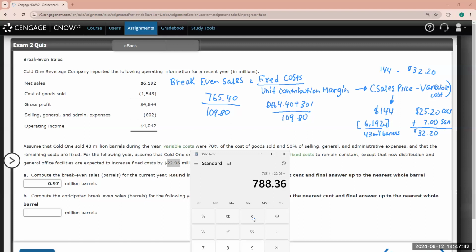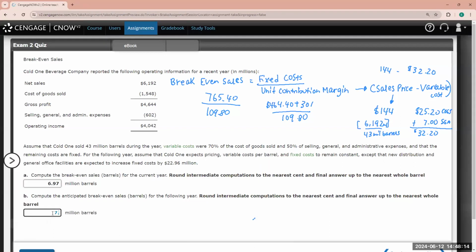That gives us a total fixed cost of $788.36. And we divide it by our contribution margin, which we've already calculated, of 109.80. And that lets us know that in the event that we have these additional expenses, instead of only having to sell 6.97 million barrels, we now need to sell 7.18 million barrels. So we round it.